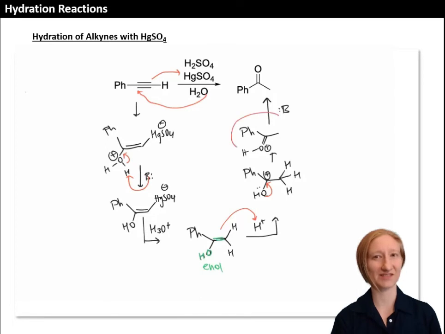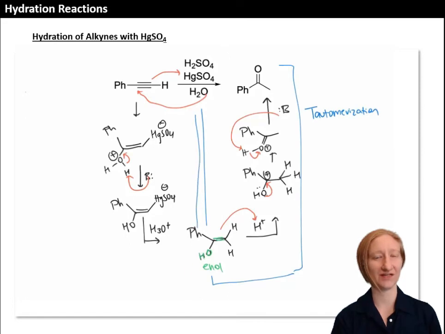Then finally, deprotonation leads to the final ketone product. So remember, in these hydration reactions, when an alkyne is converted to a ketone, there are two key steps. The first is the hydration sequence to form the enol, and the second is tautomerization of the enol to form the ketone.